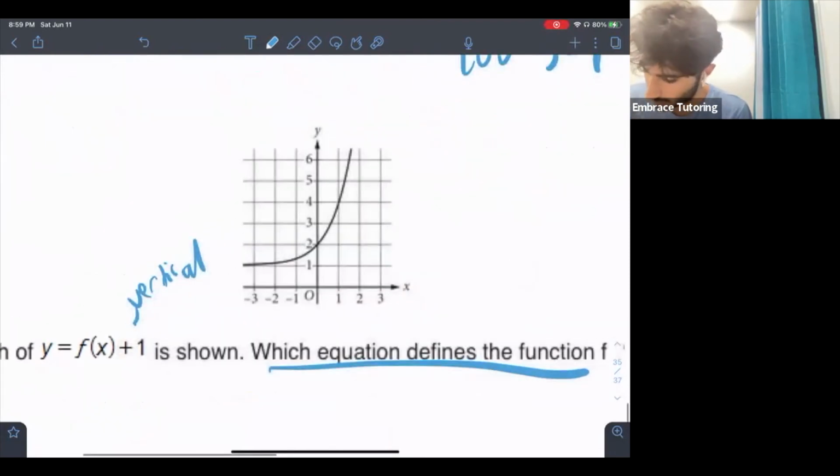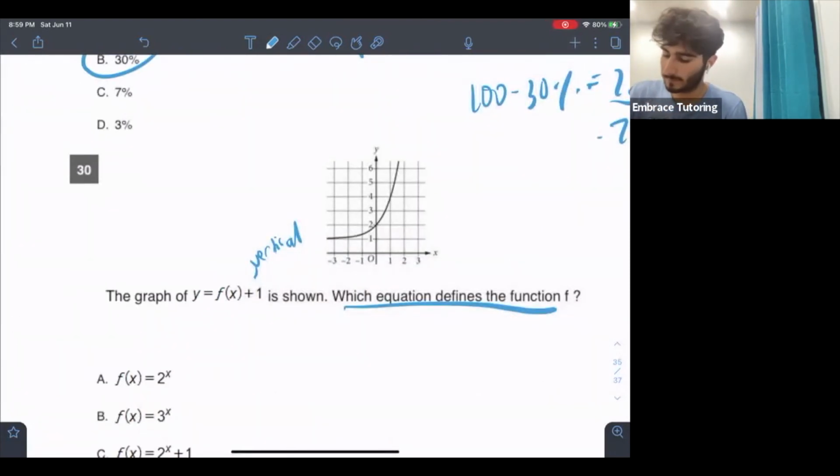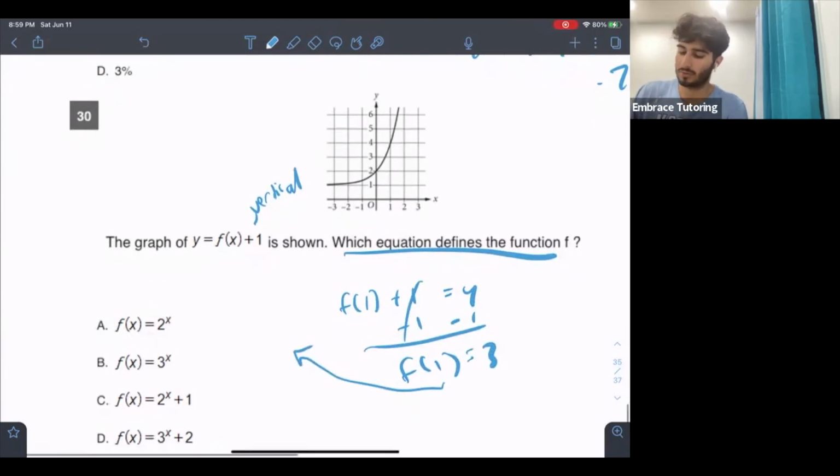Let's say this is 0, 2, or you can do 1 and 4. For f of 1 plus 1 gives you 4, right? So minus 1, f of 1 is equal to 3. So which of these equations would give you f of 1 is equal to 3?